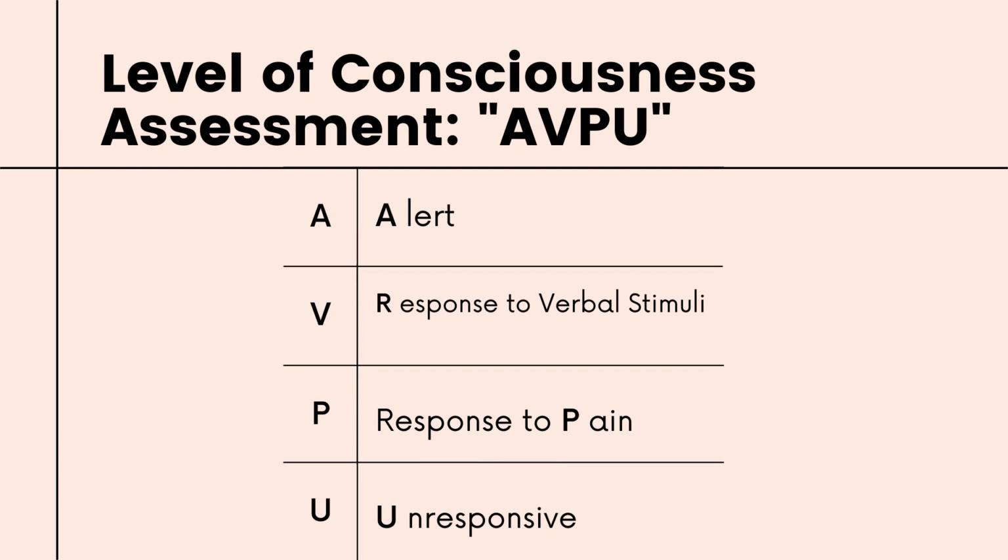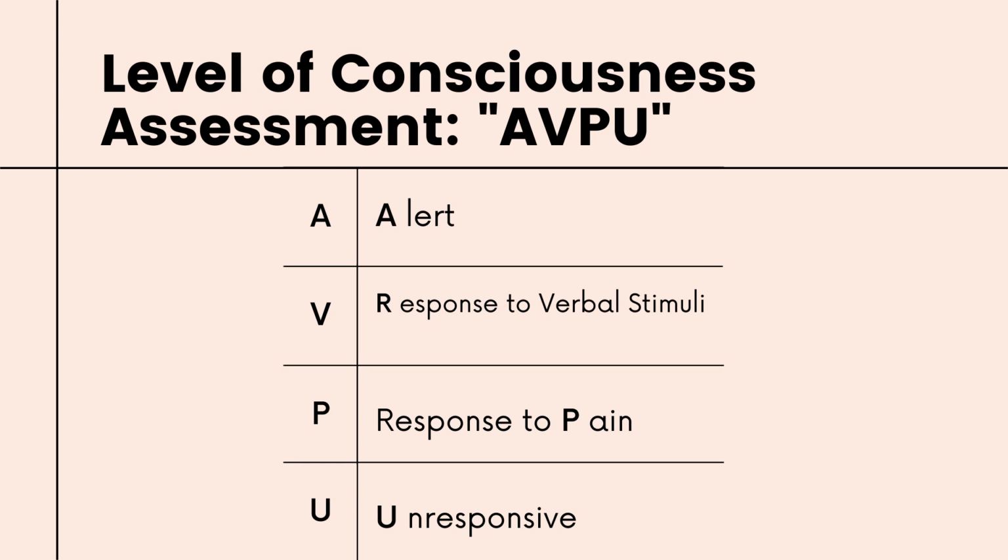The AVPU scale is a system where you can measure and record a patient's responsiveness to indicate their level of consciousness. It is a simplification of the Glasgow Coma Scale, which assesses a patient response in three measures: eyes, voice, and motor skills.